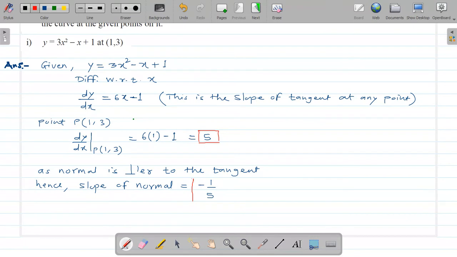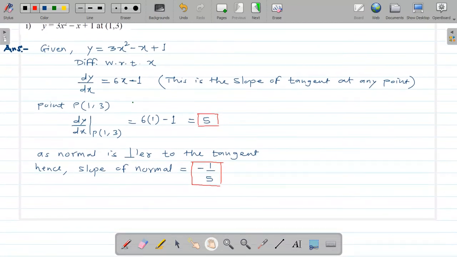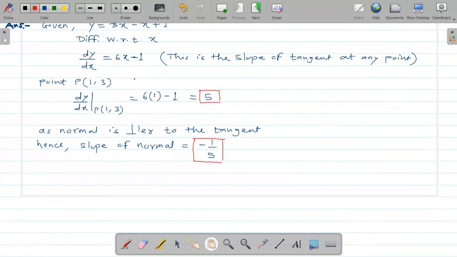So our main part is completed, how to get the slope of tangent as well as normal. Now let us find out the equation of tangent as well as equation of normal. Now first of all we will find out the equation of tangent.